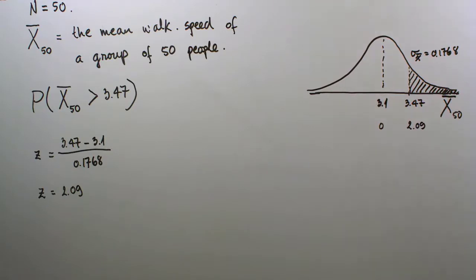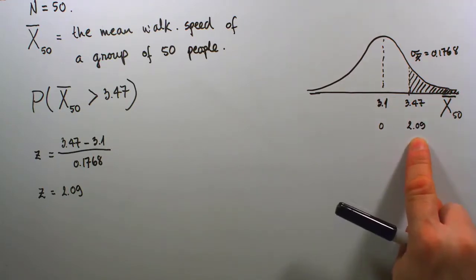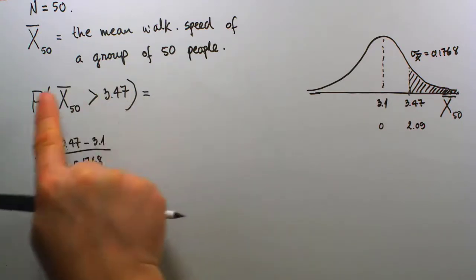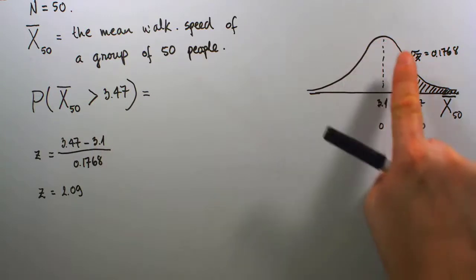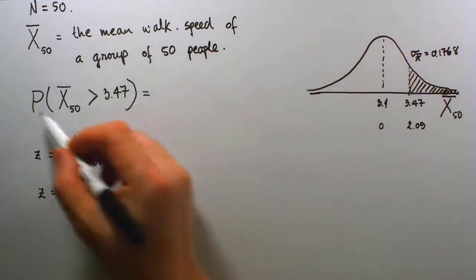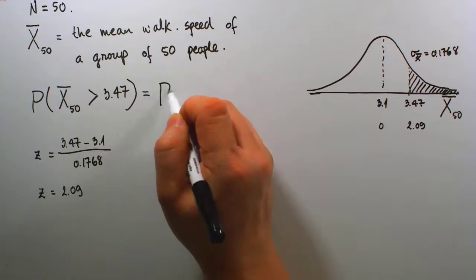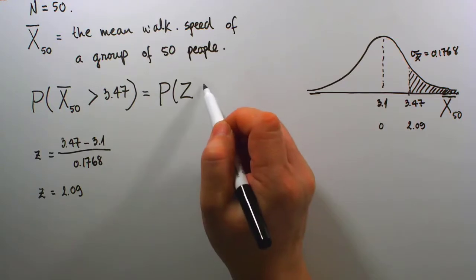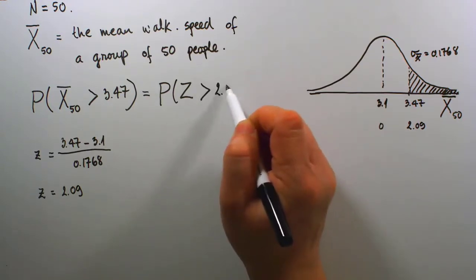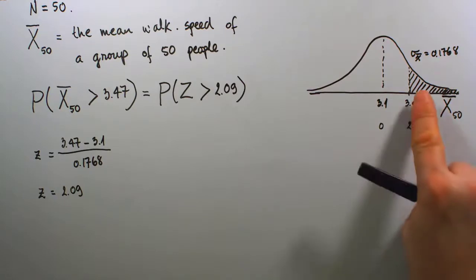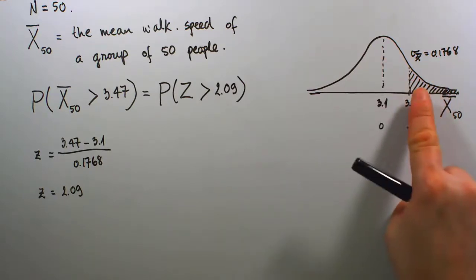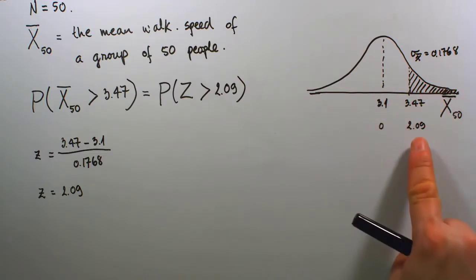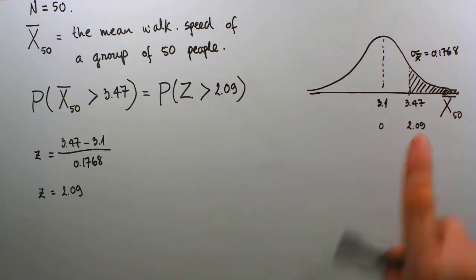And so this probability problem that we're doing here, or as an area problem on the bell curve here, would have answer equal to the probability that on the standard normal distribution bell curve we're having z-score greater than 2.09, or this area on our current bell curve would be equal to that exact area on the standard normal distribution bell curve shaded to the right hand side of z-score 2.09.